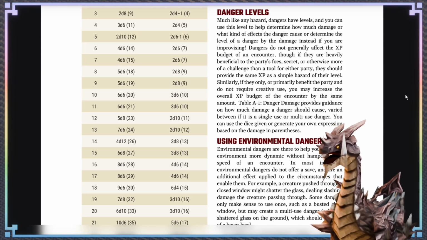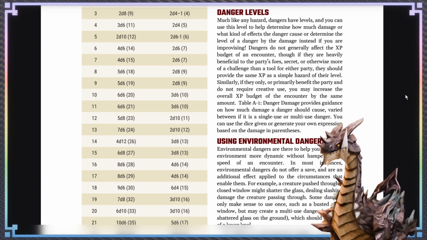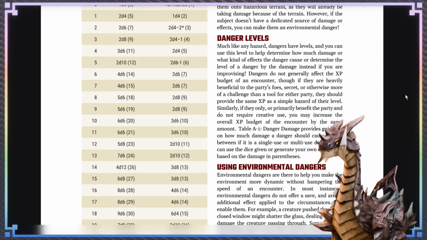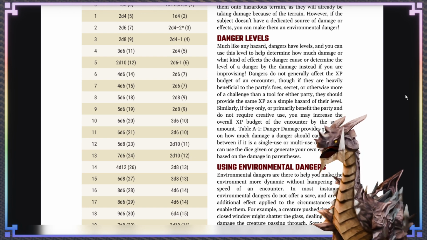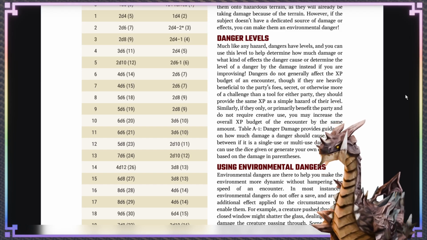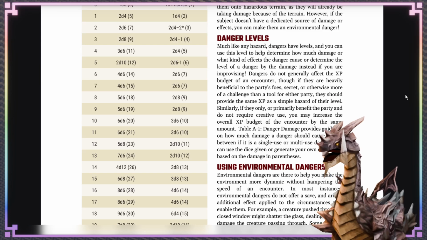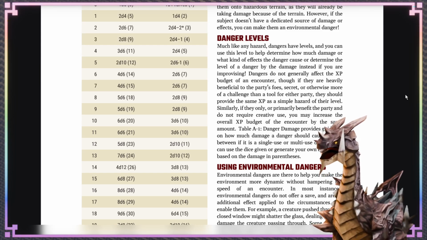Dangers do not generally affect the XP budget of an encounter, though if they are heavily beneficial to the party's foes, secret, or otherwise more of a challenge than a tool for either party, they should provide the same XP as a simple hazard of their level. Similarly, if they only or primarily benefit the party and do not require creative use, you may increase the overall XP budget of the encounter by the same amount, effectively taking XP away from enemies.